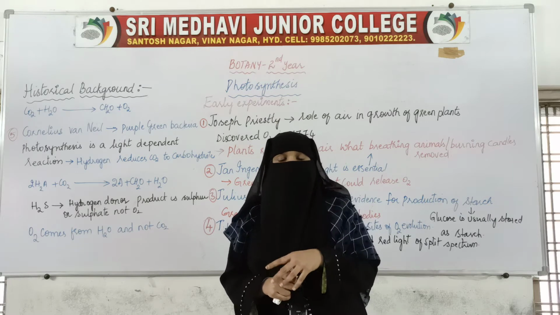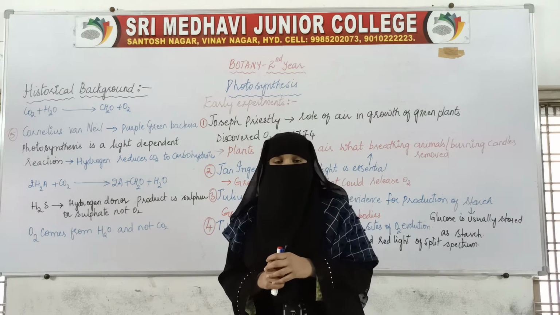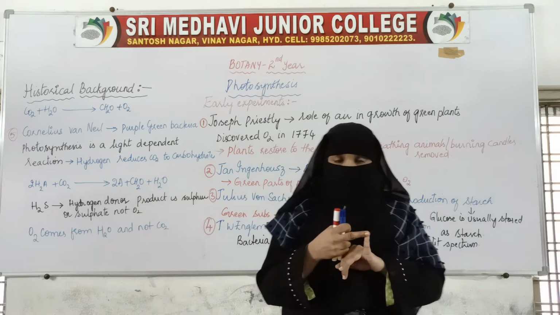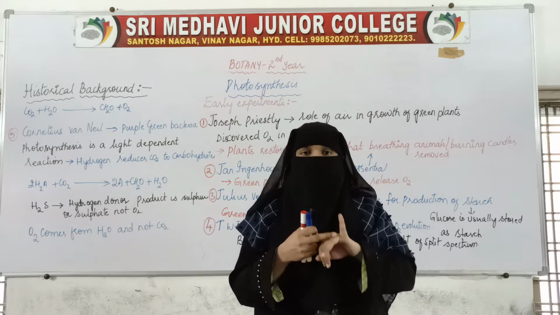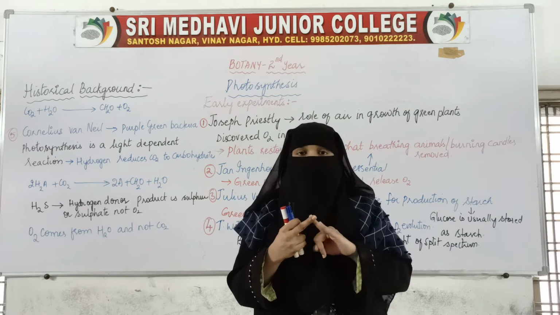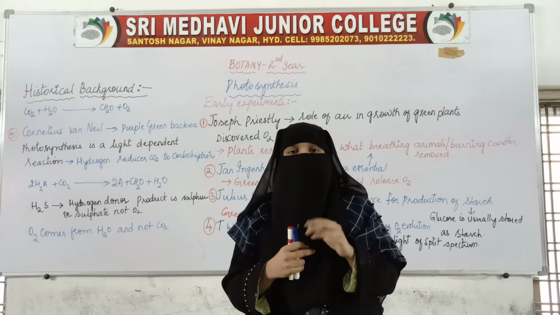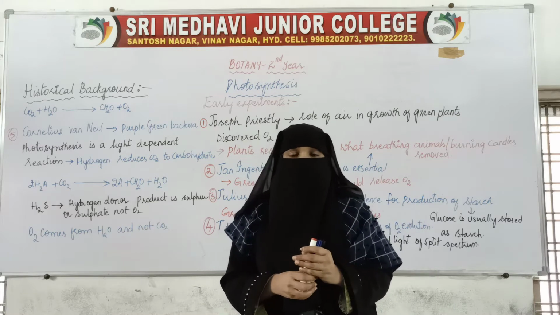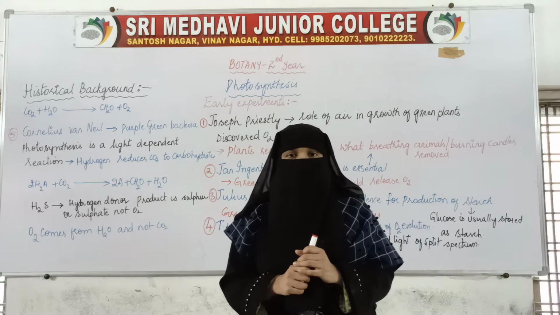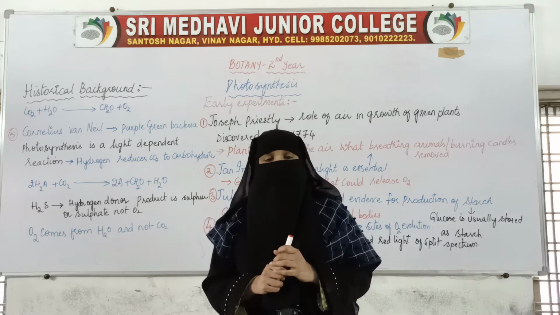What are the factors which are responsible for photosynthesis? For photosynthesis to take place, water is essential, chlorophyll is essential, carbon dioxide is essential, and sunlight is essential. These are the four most important factors required for the process of photosynthesis. In the absence of even one factor, photosynthesis cannot be performed.